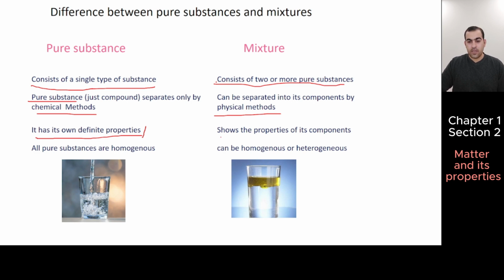But mixtures show the properties of their components. When components change, the property changes. But in water, you add more and more water, increase the amount of water, but its property doesn't change. All samples of a pure substance are homogeneous, but mixtures can be homogeneous or heterogeneous. Okay?